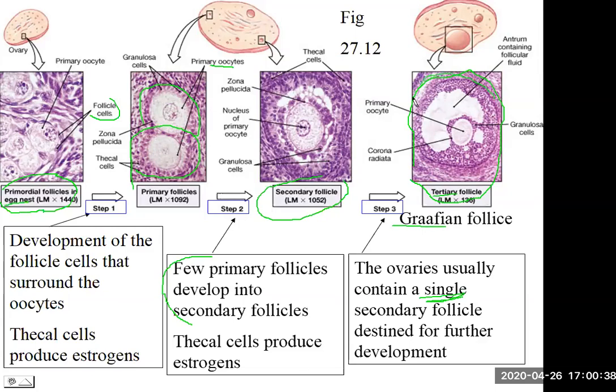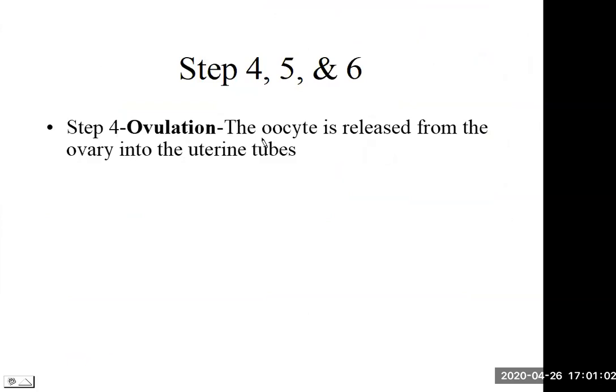And we notice now it takes on this distinct shape here. It's much bigger if you notice the magnification. And it has this distinct crescent-shaped area within known as an antrum. It's a trait of a mature follicle. And it's at this point the oocyte is now ready for ovulation to be released out of the ovary. And that's the next step, ovulation.